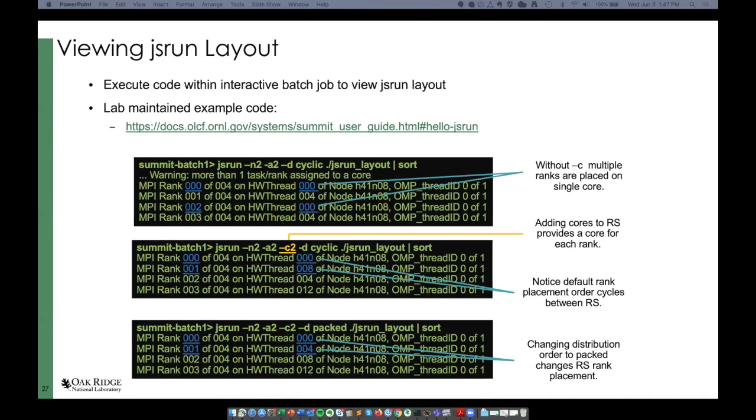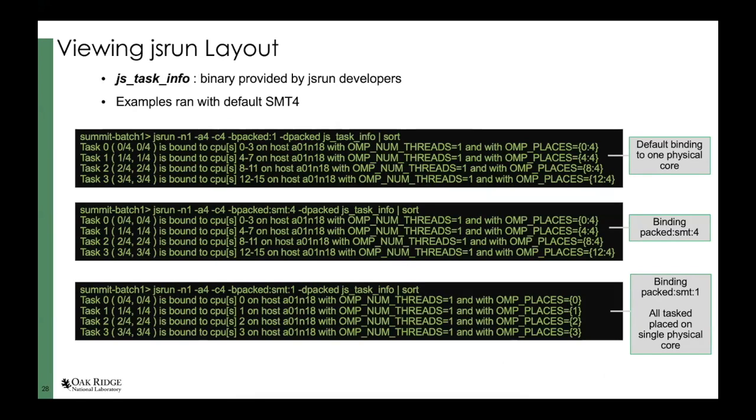So another way to look at the layout is to use the jstaskinfo binary that the developers of JSRun provided. This should be available in your path. It sits in the same directory as JSRun, and you can see very similarly.